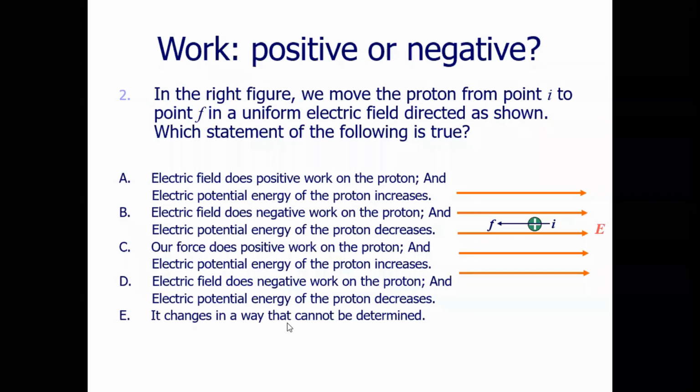Good. I'm very happy with the analysis that you're making. So you're saying that the electric field does negative work. Now what about the other part? How did you work it out about the potential energy?